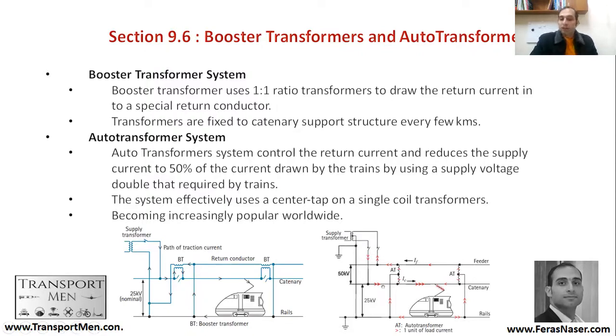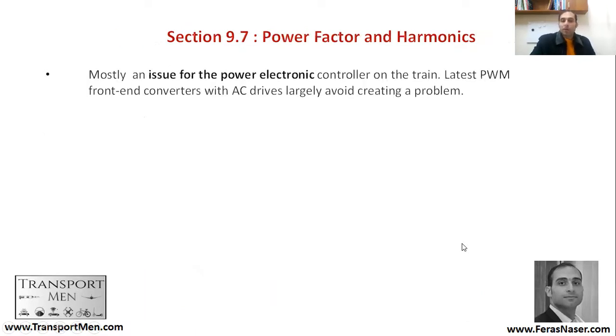So you need to know that you would put your auto transformers or booster transformers every few kilometers, and you need to see how they can control your return current. Now, power factors: we talked about there are some issues of losses because of power factors, and you would try to control this by using pulse width modulation front-end converters.